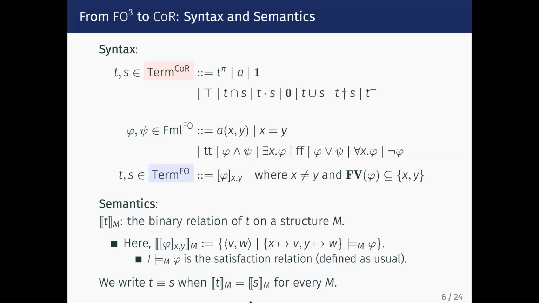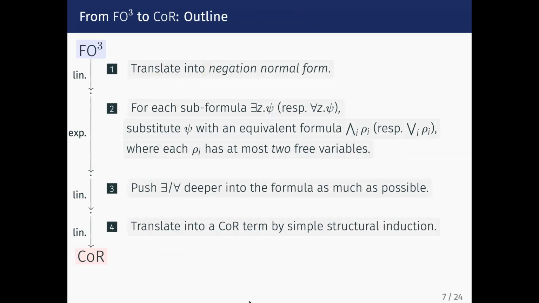In the following, we present the outline of our translation from FO3 to CoR. First, we translate the FO3 term into negation normal form. Second, we substitute each existential psi with a conjunction of formulas such that each row has at most two free variables.